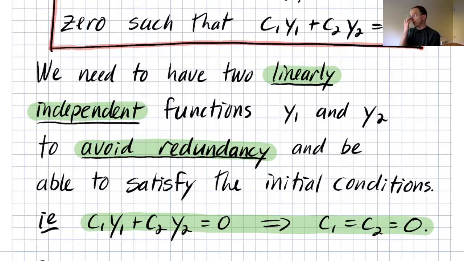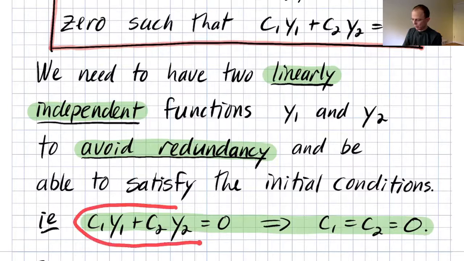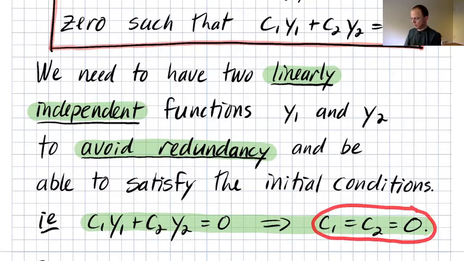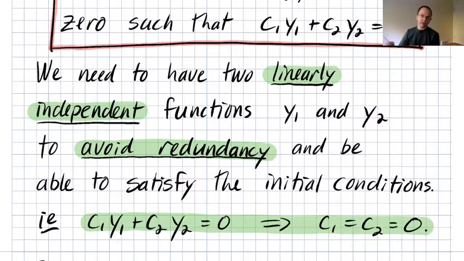If you don't have 2 linearly independent functions, you might not be able to satisfy the initial conditions. We can define linearly independent as just the opposite of this definition. It says that if we have this linear combination of functions equal to 0, then that implies that C1 and C2 have to both be 0. We'll see this in the examples.